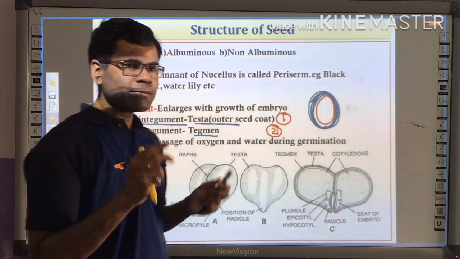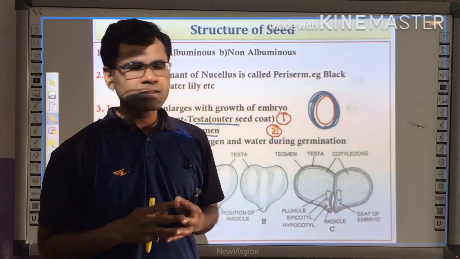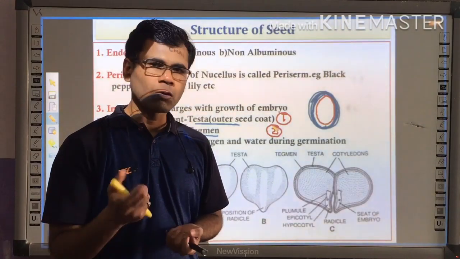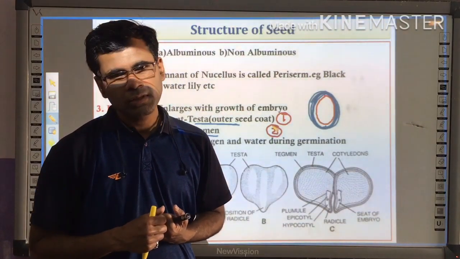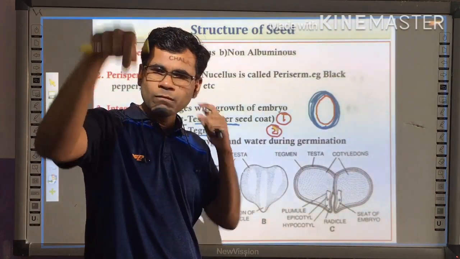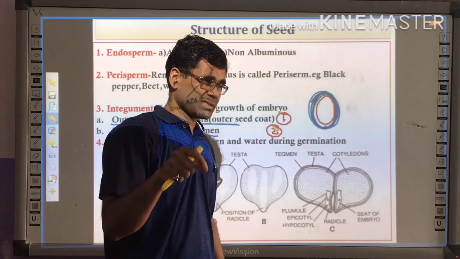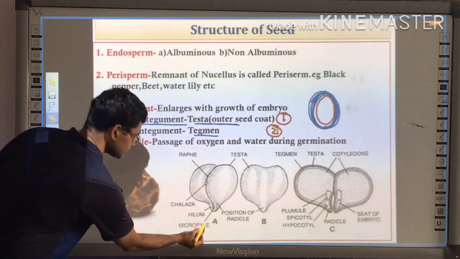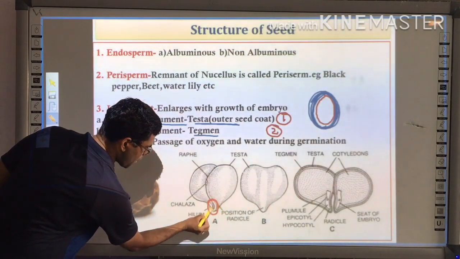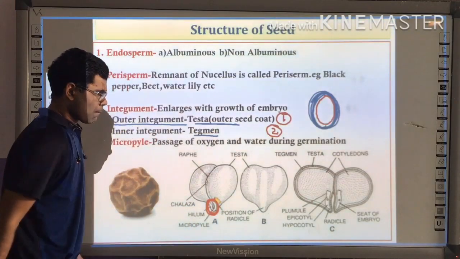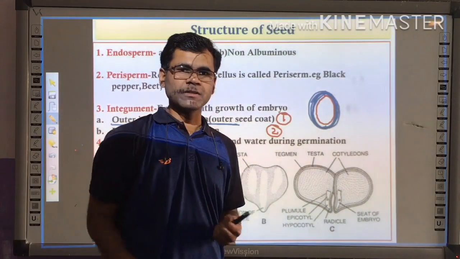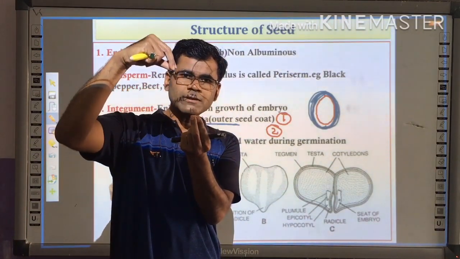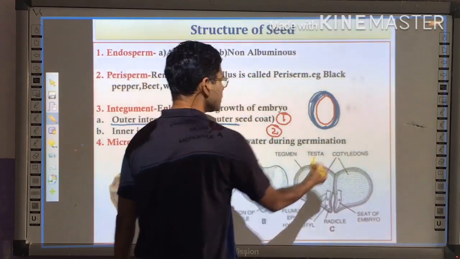Another very important structure which can be found in most seeds is the micropyle. Micro means small, pyle means opening, as I have discussed many times. The micropyle of the ovule remains as a small opening. You can see here, this is the small opening. If you take a typical gram seed, which we have all seen, it has a small protrusion outside on the tip, roughly triangular.